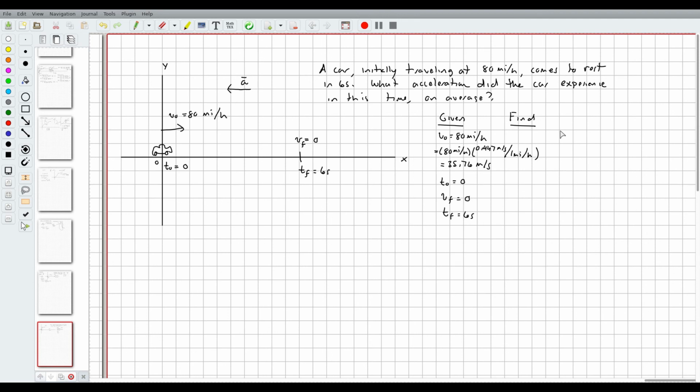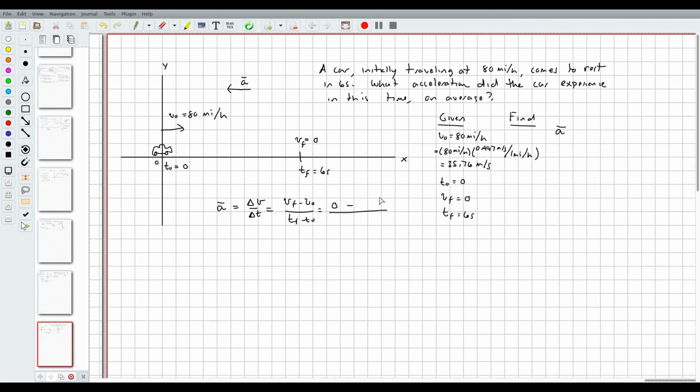So what am I trying to find here? I'd like to find my average acceleration. So average acceleration, that's how your velocity changes with respect to time. Vf minus V naught over Tf minus T naught. And if I plug stuff in here, my final velocity, you see I'm at rest.